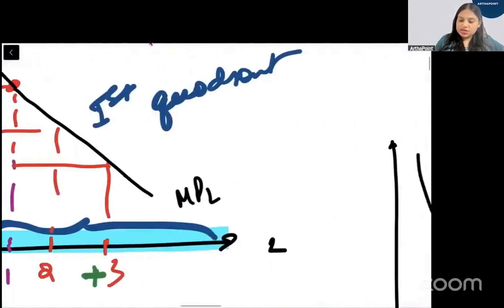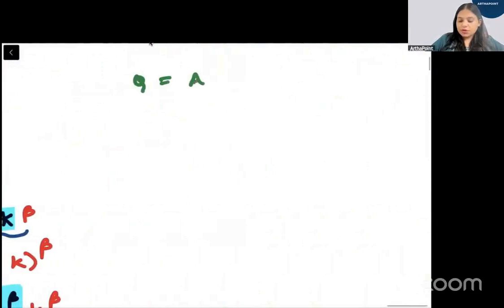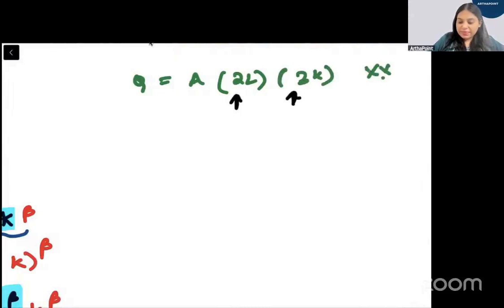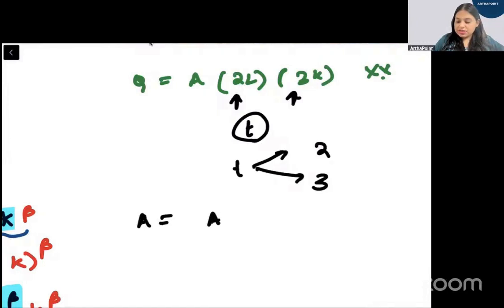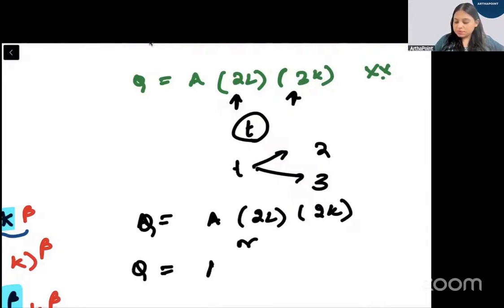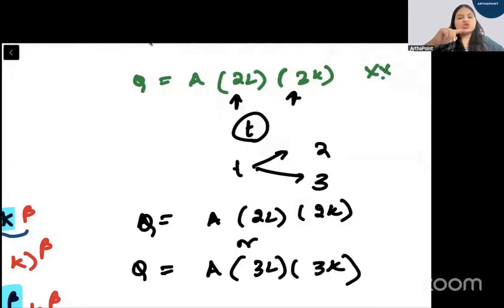You cannot do this. You cannot write something like 2L, 3K. This is not done. You have to scale them by the same factor. I can scale it by 2 or 3. So it can be either this or it can be this. But it has to be the same factor.